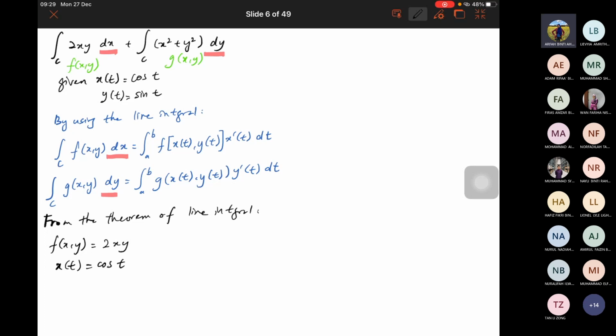Dan x prime t akan sama dengan negatif sin t. Okay. And your g(x,y) equal to x squared plus y squared. Okay. Y of t equal to sin t, y prime t sama dengan cos t. Okay.